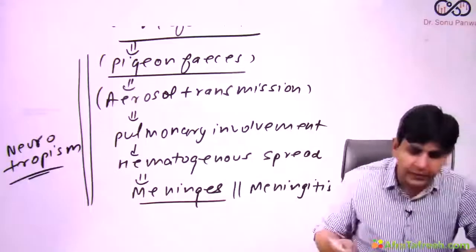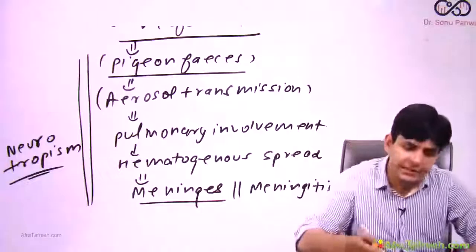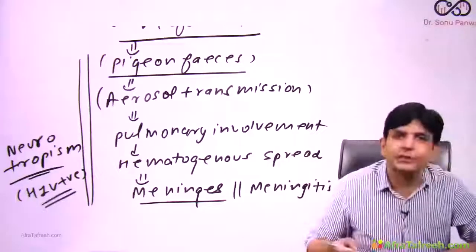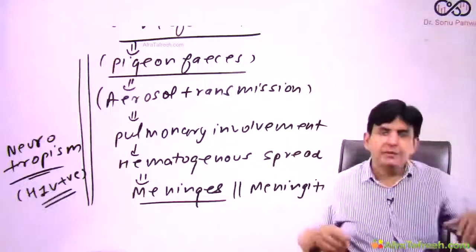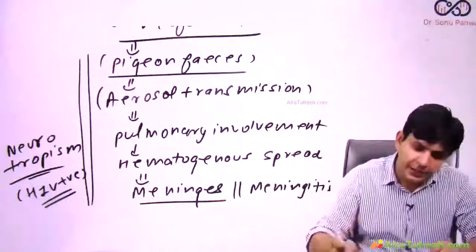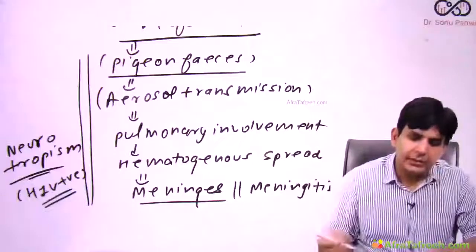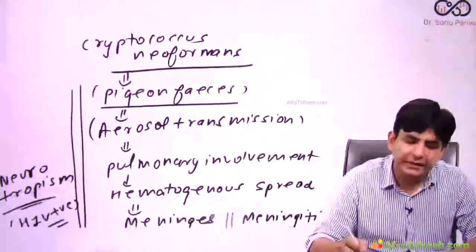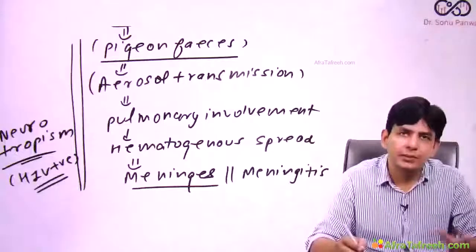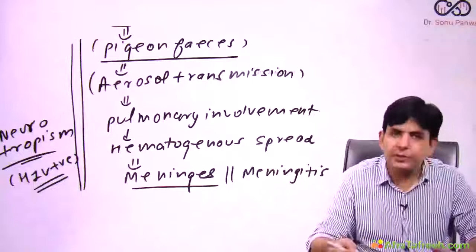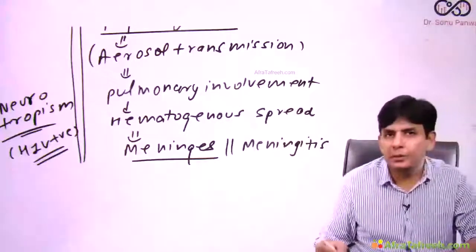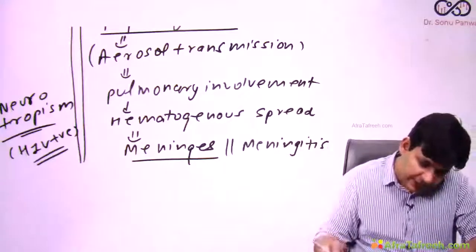In all of us, this will not be seen. But which people are more susceptible? Those who are HIV positive. So remember, HIV positive people should be away from this particular pigeon feces, otherwise they might get the infection of Cryptococcus neoformans, and it can lead to what? Cryptococcal meningitis. Fine. So they should be away from the pigeons, otherwise they are more susceptible to getting this cryptococcal meningitis. Fine. So remember that.